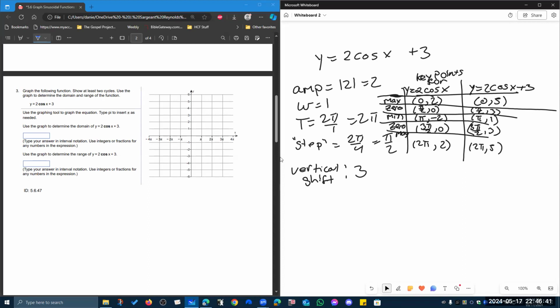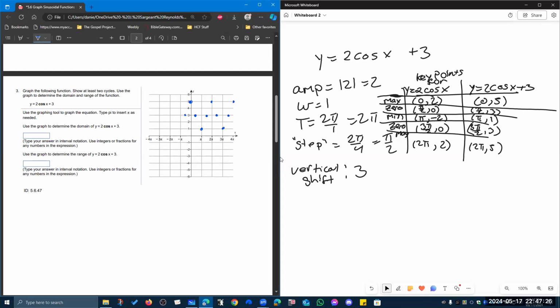So let's graph those points. 0, 5, pi over 2, 3, pi, 1, 3 pi over 2, 3, and then 2 pi, 5. And let's graph another cycle here. So then we're back to our midline, back down to our minimum, back to our midline, and then back to our maximum.